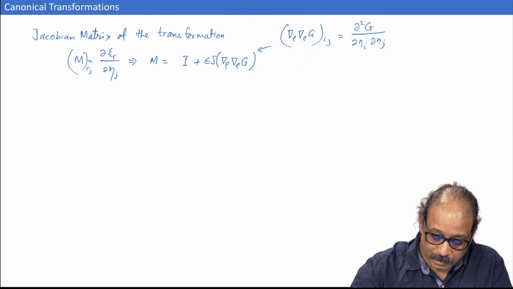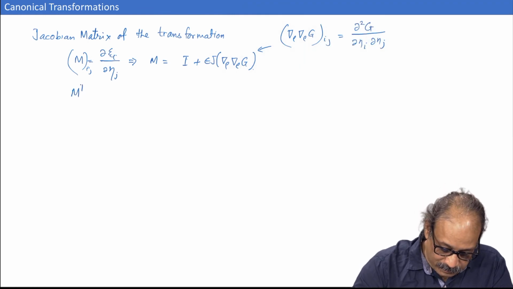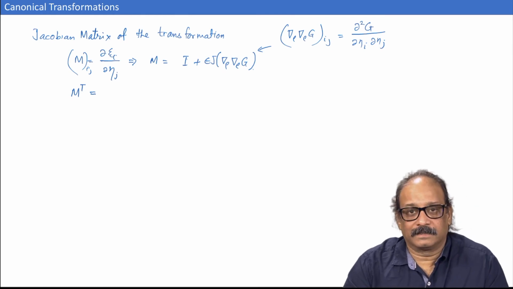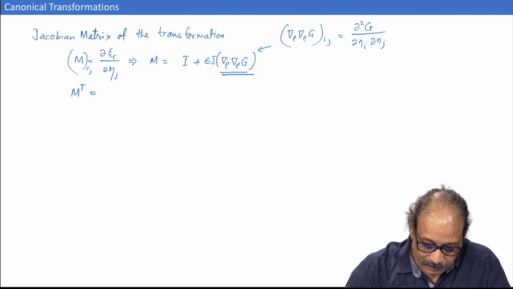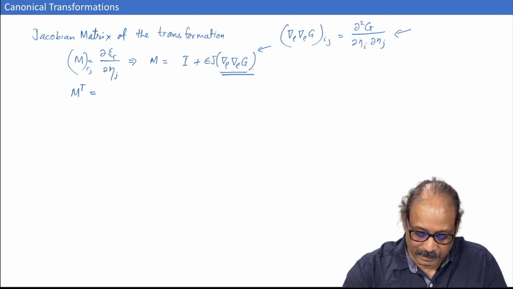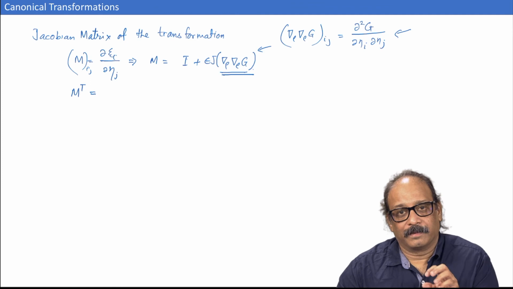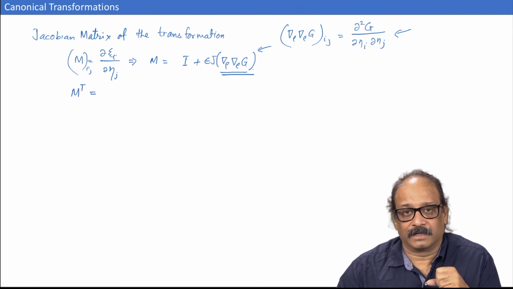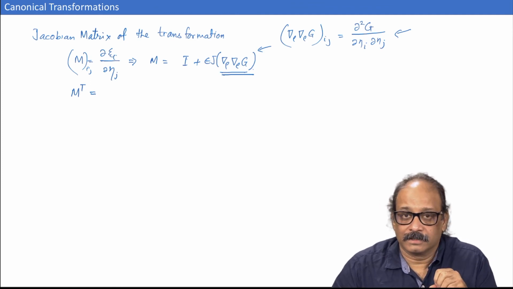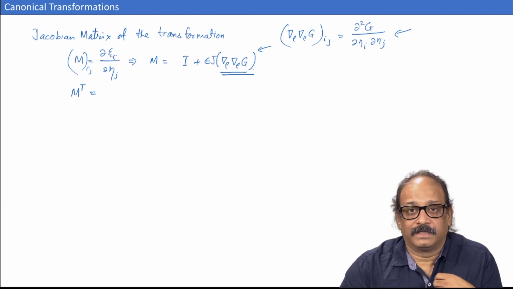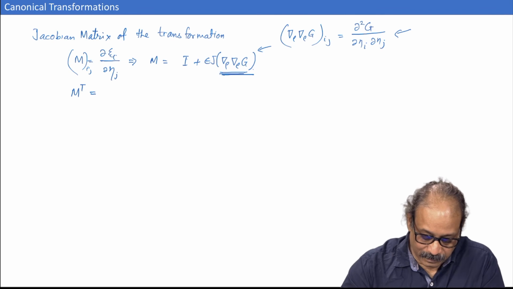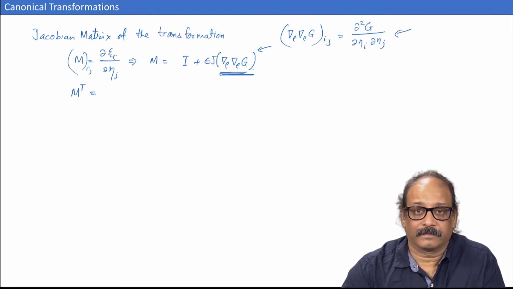Now, what is the transpose of this? You can see the identity matrix here is symmetric. What about this matrix? This matrix is also symmetric by the definition of this. Remember, we are going to assume G is sufficiently differentiable and continuously differentiable, which means the order of the derivatives does not matter, which means this matrix is symmetric.